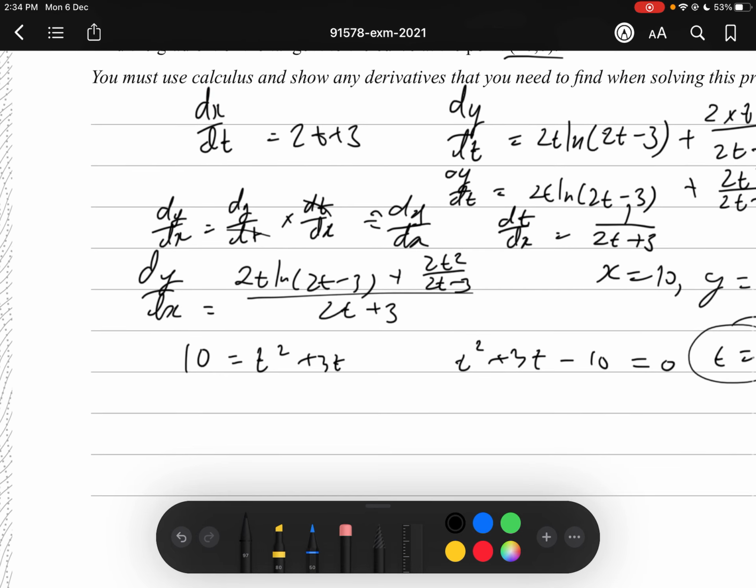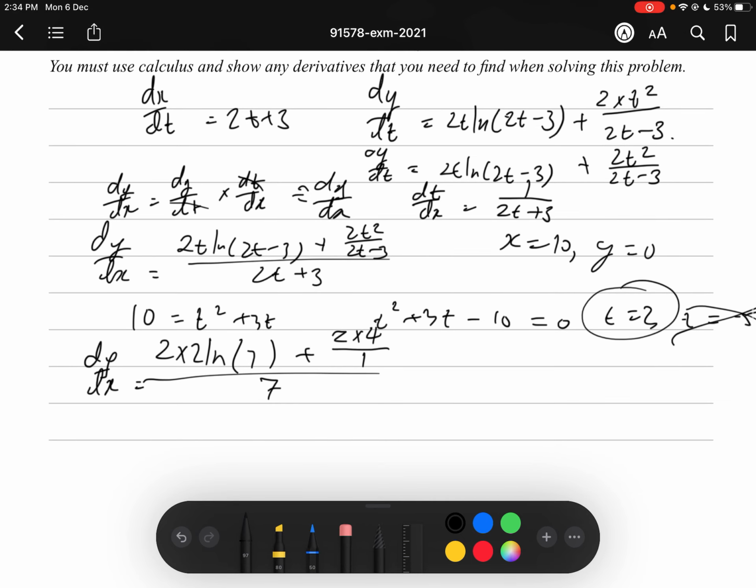Therefore dy over dx is equal to 2 times 2, ln of 2 times 2 minus 3, which is ln of 1, plus 2t squared, which is 2 times 4, over 2 times 2 minus 3, which is 1, all over 2t plus 3, which is 7. So dy over dx equals 2 times 2 ln of 1.